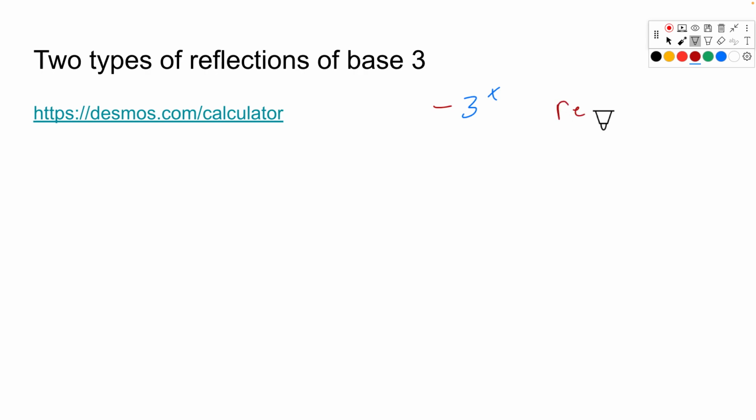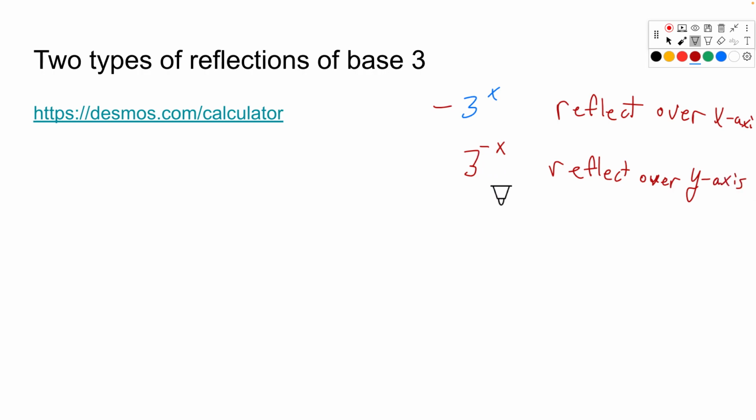This is going to reflect over x. And then if we put a negative on the inside, what's that going to do? What other axis do we have? The y-axis.